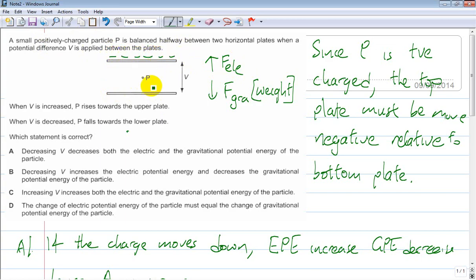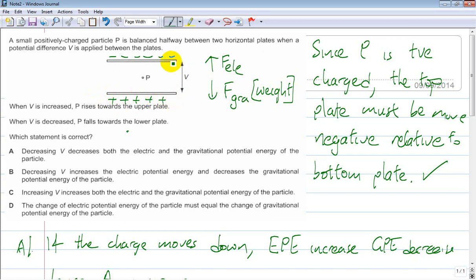That's why P is attracted to the top plate, and that's why we have an electrical force outwards. We know that the top plate is of a lower potential versus the bottom plate. What does a lower potential mean? It means that if the top plate is 0 volts, then the bottom plate must be 10 volts or 5 volts or some number bigger than 0.